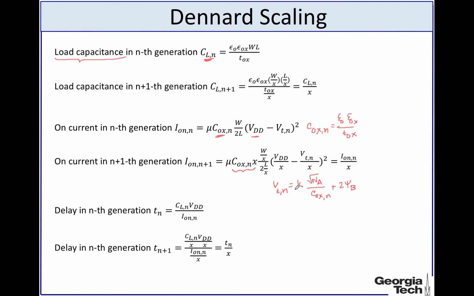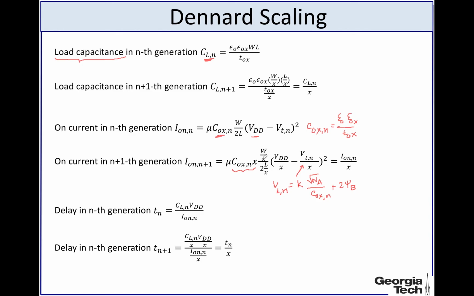So in the n plus 1 generation, Na is replaced by NaX and Cox is replaced by Cox n multiplied with X. Essentially, for a long channel MOSFET, the VTN of the n plus 1 generation will be very close to VTN over X. It is not exactly VTN over X, but for the purpose of this analysis, we can just say that the threshold voltage in the n plus 1 generation will be the threshold voltage in the nth generation over X.